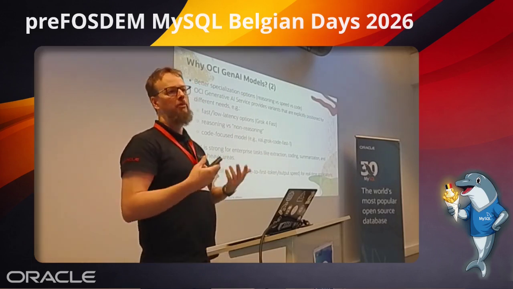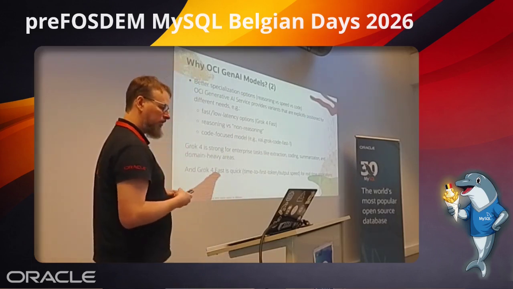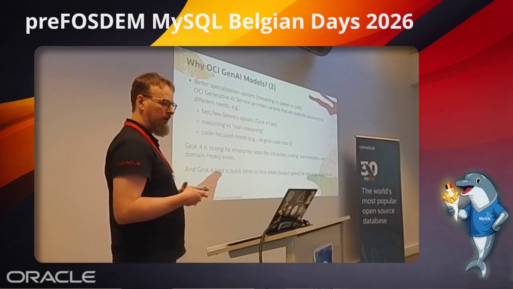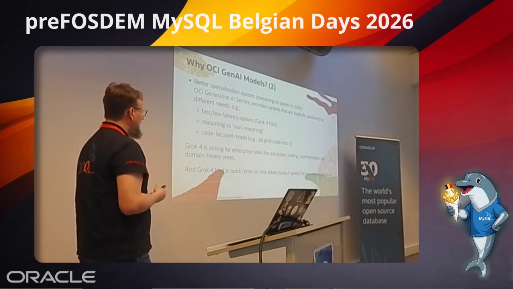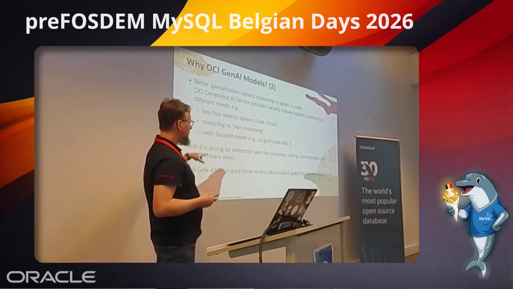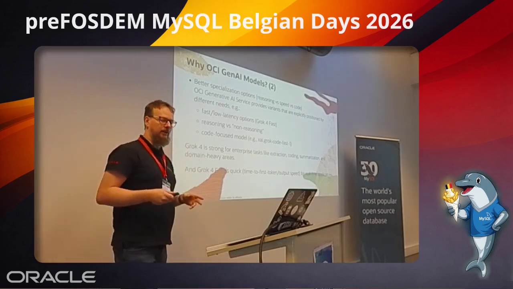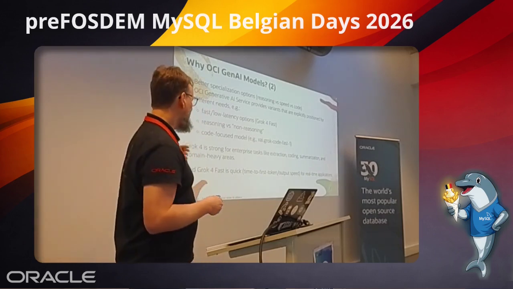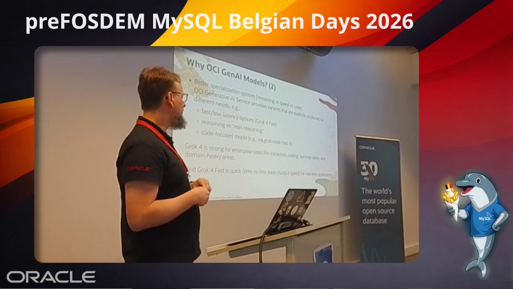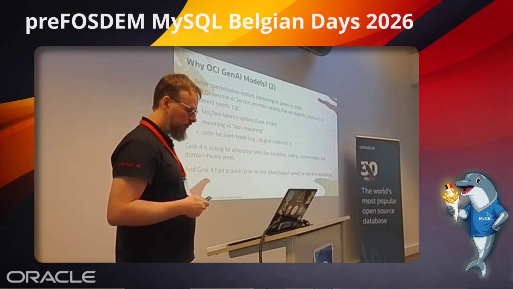The code one will have a better solution, and the result will be better, right? Grok 4, for example, is very strong for enterprise tasks like extraction, coding, and summarization. And the fast one, Grok 4 Fast, is for all real-time applications that you could have.